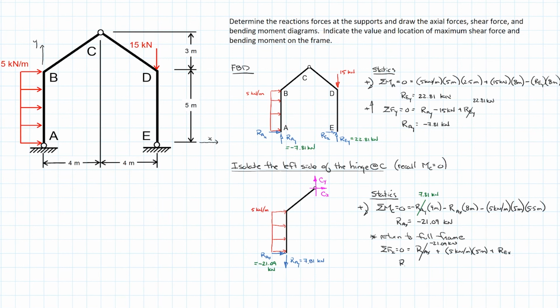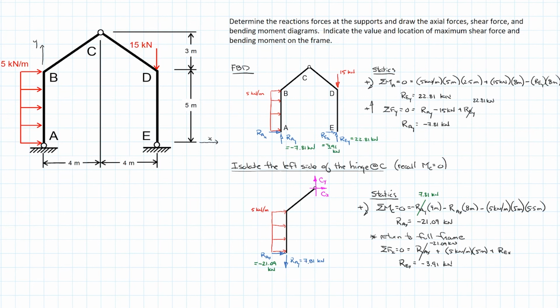And so we have a single unknown REX, which we now can determine to be equal to negative 3.91 kilonewtons. And I'll go ahead and mark that on our diagram. REX equals negative 3.91 kilonewtons.